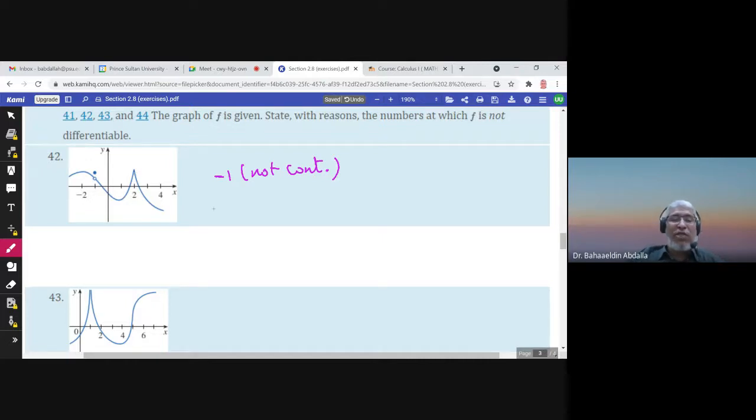Here at 2, because there is a corner. So we have seen whenever there is a corner, the derivative does not exist because I cannot define a single tangent line. There will be infinitely many tangent lines here.